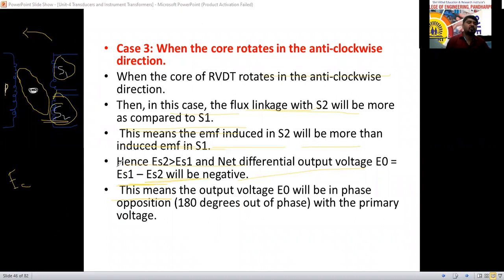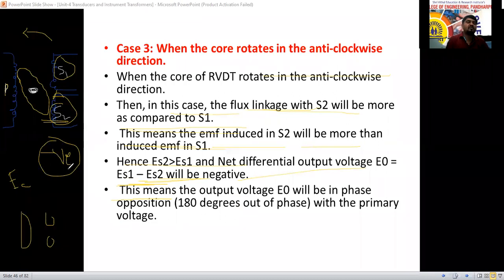Because ES2 is bigger, the output will be negative here. So whatever the input is positive, the output is negative. That is called out of phase, which is opposite to the in phase, we can call that one.